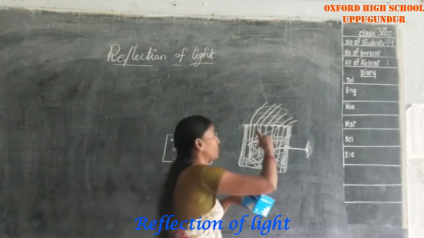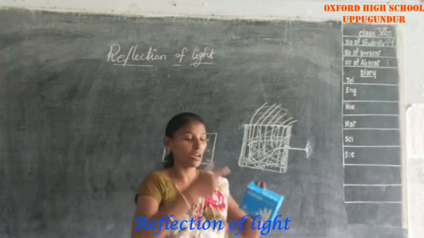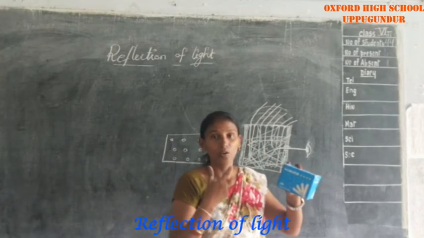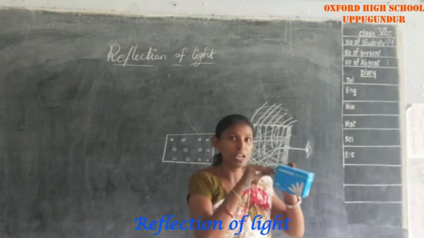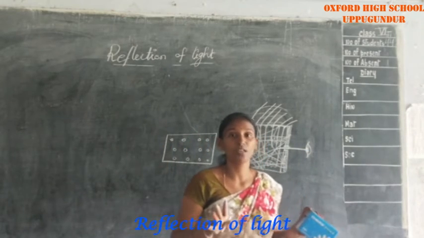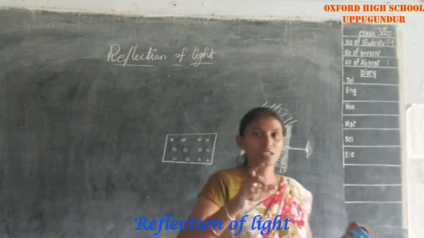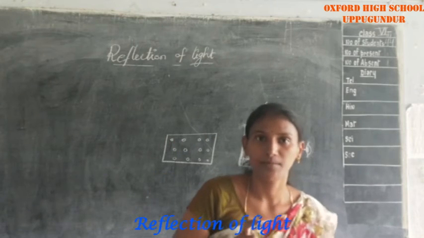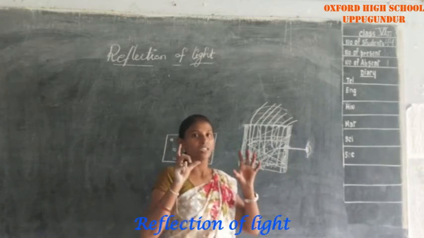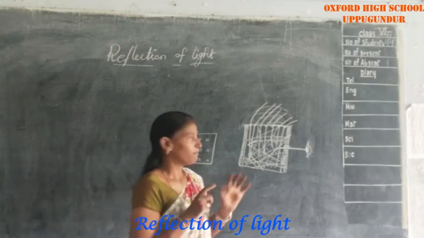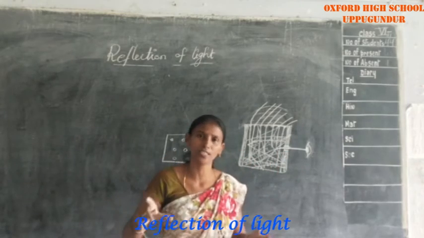So that light is reflected so many times before it reaches your eye. But here using only 5 flowers, you are observing inside so many images formed. That's why you are observing a type of flower garden.